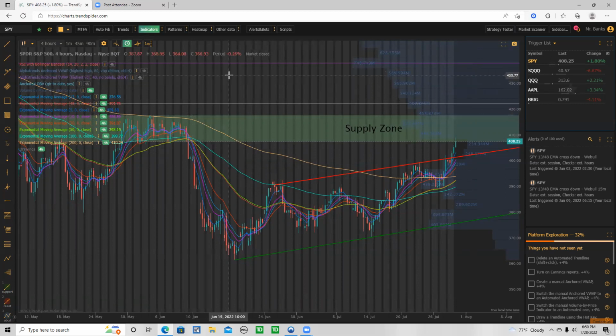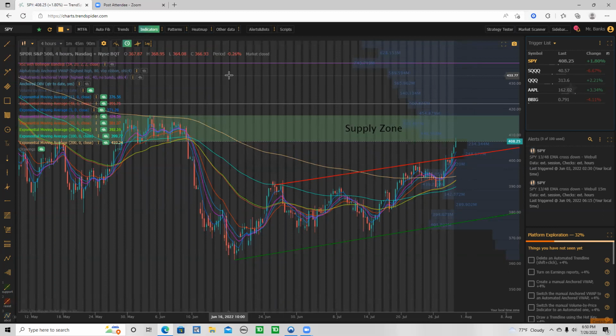So this is how you find your major levels, your major support, your major resistance levels. This is how you use your EMAs to find levels, right? I just showed you from the monthly going down. I found two major levels to watch.